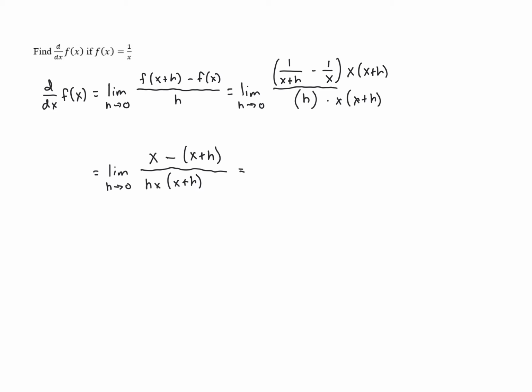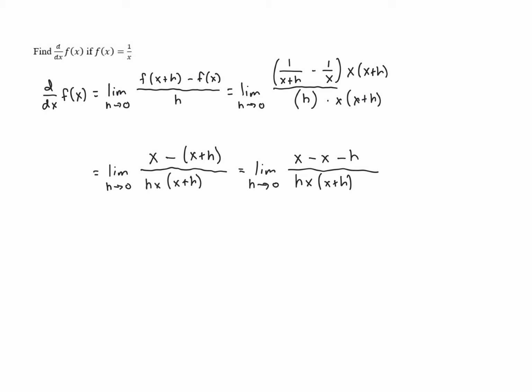Now, when we distribute that subtraction into the terms inside the parentheses, it's going to change some of the signs. So it's going to be x and then minus x and then minus h, all over h times x times x plus h.